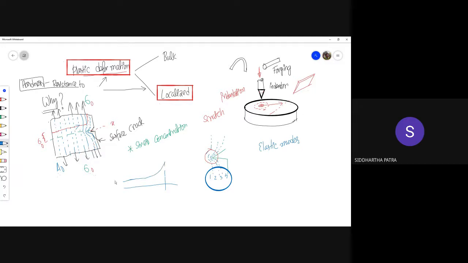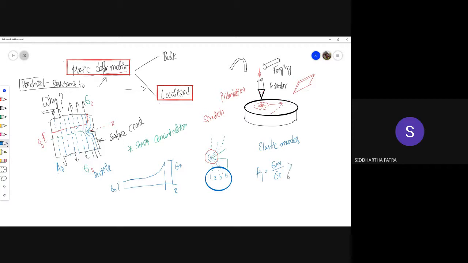Now, if indeed the material is a ductile material, the one which is capable of having plastic deformation. Now see this value of stress concentration. This is like the sigma max, and the stress concentration factor is the sigma max to this nominal stress.